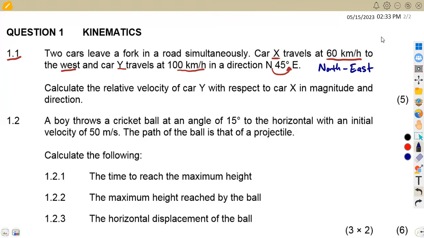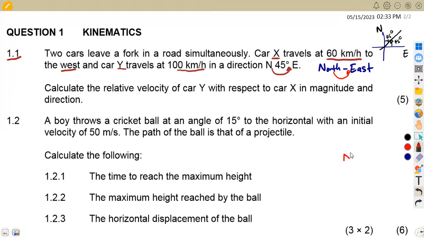Northeast is in between the north and the east. Remember, that's our north here, our east, in between, so it is going to divide into two, that is 45, 45. So a presentation like this, or a presentation given as northeast, is one and the same thing.